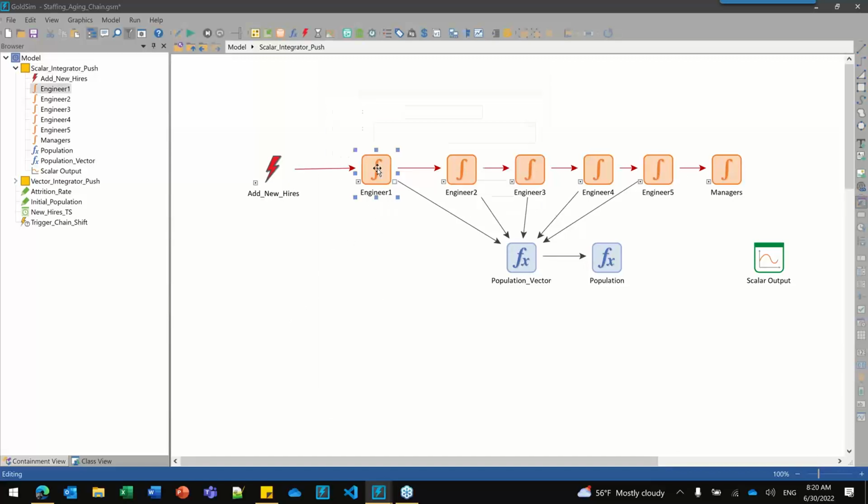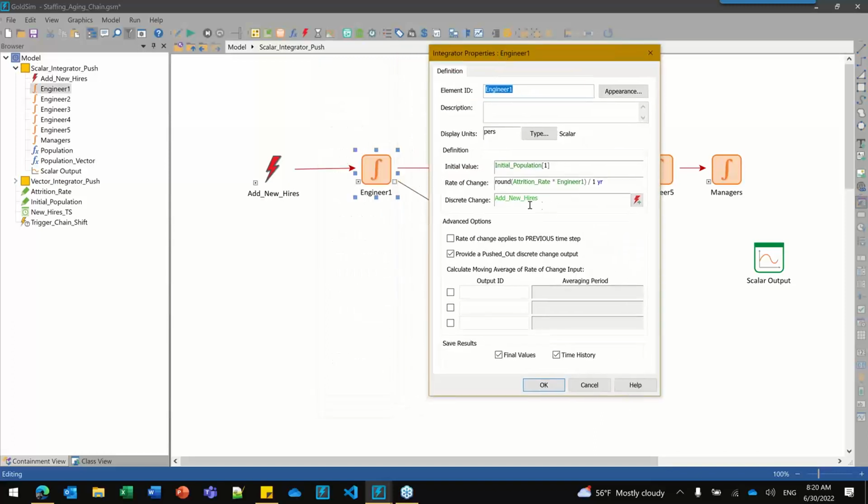And if we go to the integrator, then you'll see here we have a couple of things that might be a little bit different from what you're used to. First of all, these first few things are probably something that's still common. We have an initial value in the cohort. So you might have an initial population of engineers in that first cohort. And this is just based on a static data element, and we are referring to it as an item of a vector.